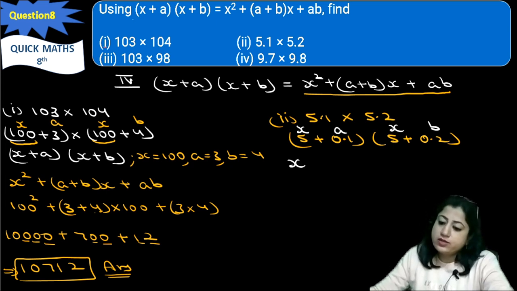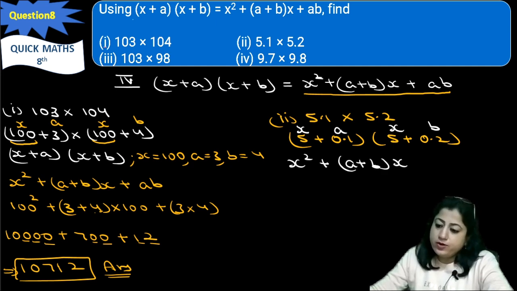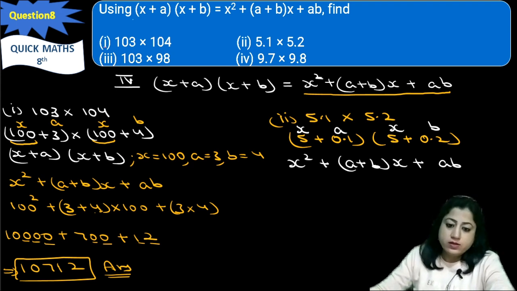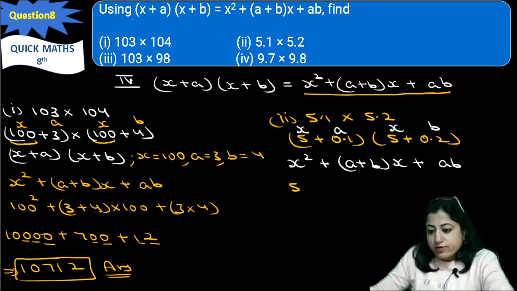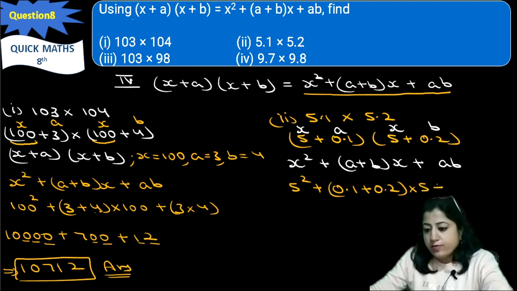So the solution is x square plus the sum of a and b into x plus the product of ab. We will just put the values here. So x is 5, so 5 square plus the sum of a and b, where a is 0.1 and b is 0.2, and x is again 5, plus a multiply b, 0.1 multiply 0.2.